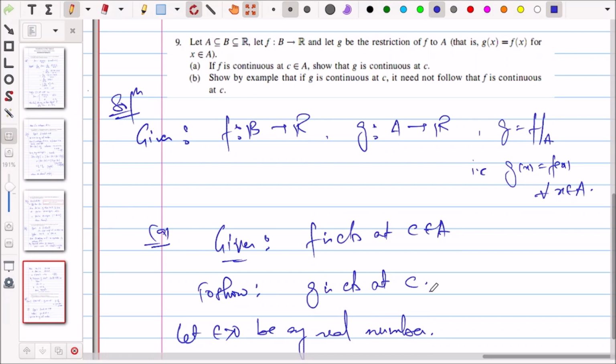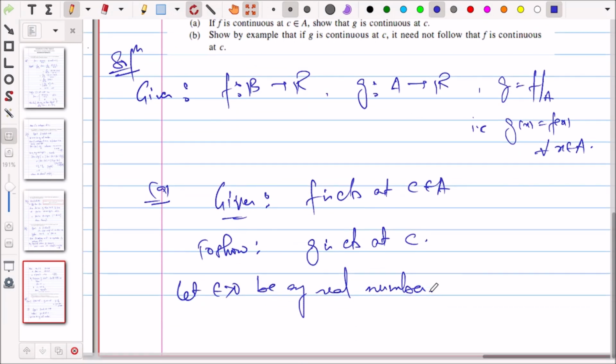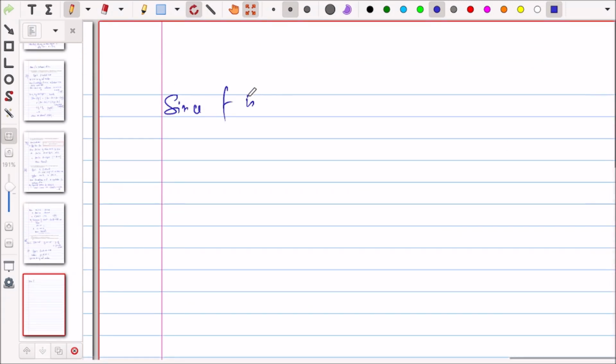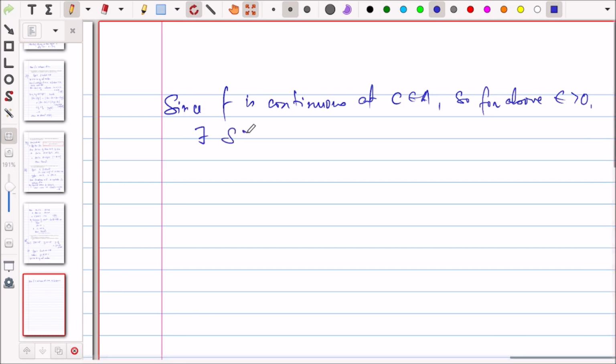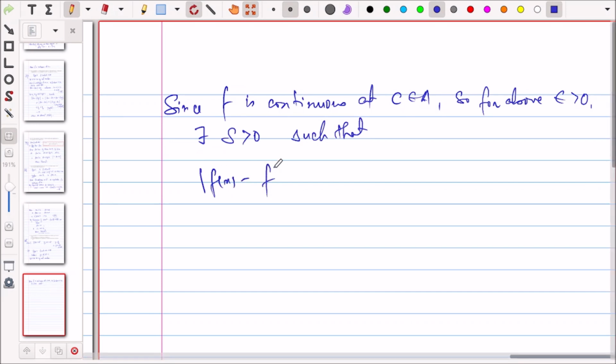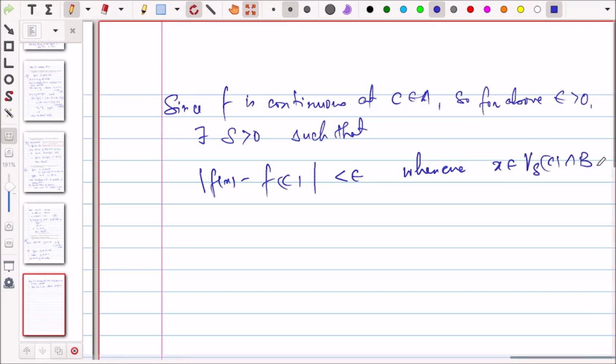So we have chosen any epsilon greater than 0. Now, since F is continuous at c belonging to A, for the above epsilon greater than 0 there exists delta greater than 0 such that |F(x) - F(c)| is less than epsilon whenever x belongs to V_delta(c) intersection B. Why intersection B?